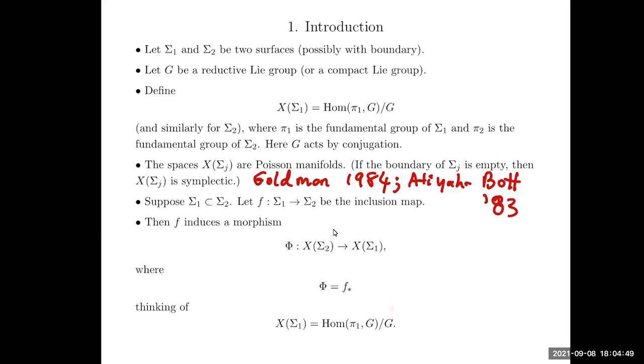So we will be discussing properties of this map phi and how it is a Poisson map in various special cases.